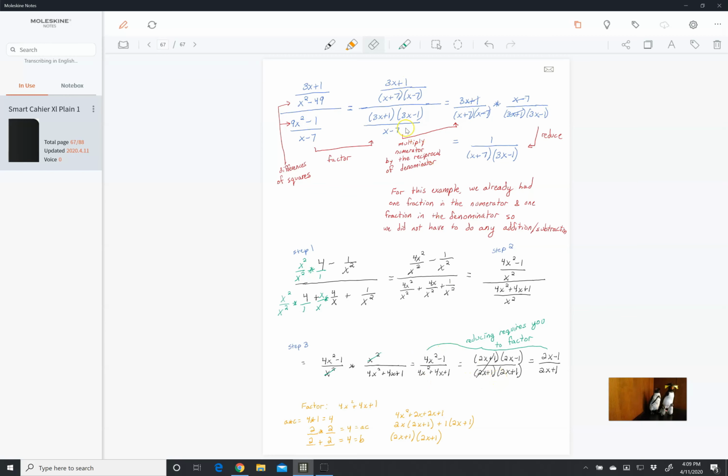So here we factored first, and then we multiplied by the reciprocal of the denominator. In this example on top, you could have multiplied by the reciprocal first and then factored, which is what we did over here. So it's up to you. You could reverse it. Both are perfectly acceptable. So that's one way to combine everything that we've learned up to this point in rational expressions.